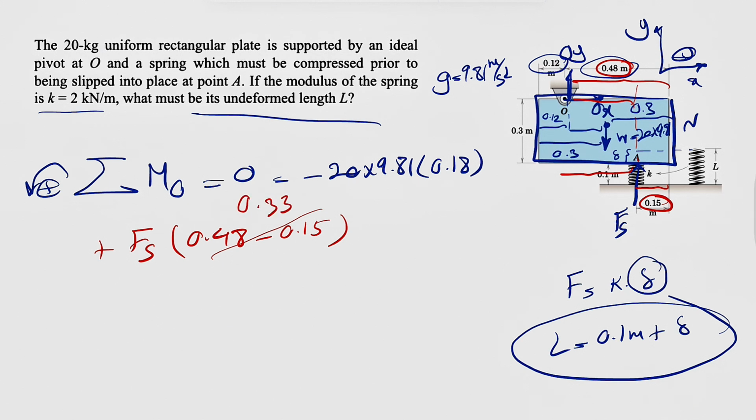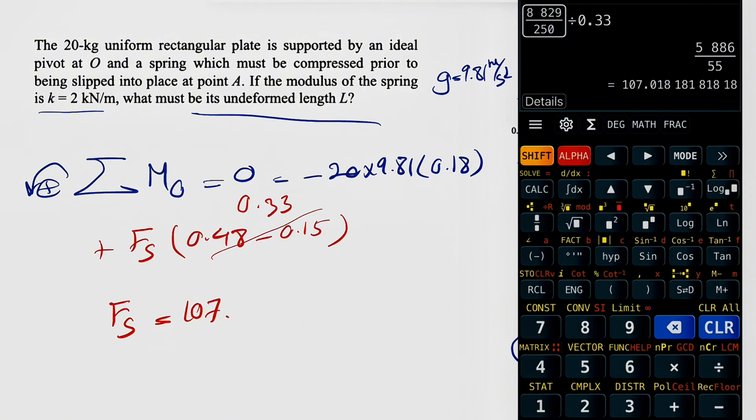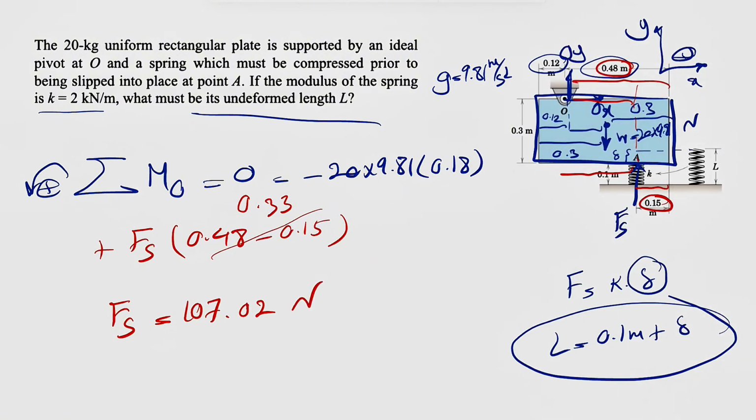So let's just calculate this. 20 times 9.81 times 0.18 divided by 0.33. And this is going to give us the Fs, which is going to be 107.02 newtons.